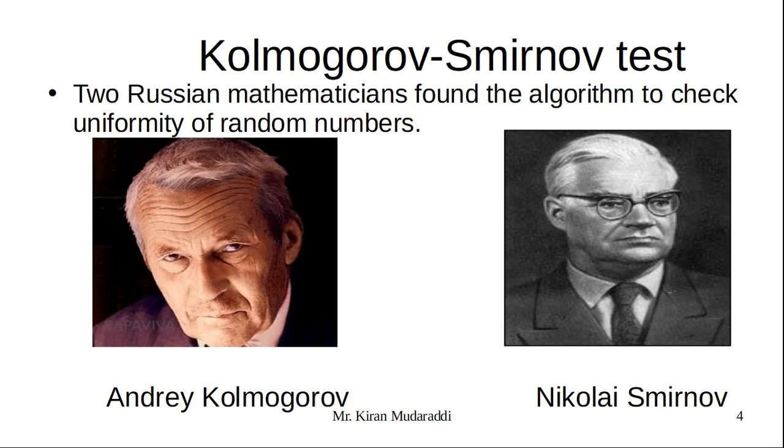If the numbers generated by the mathematical model are not uniformly distributed, we are going to reject it. To test that, two mathematicians, Andrei Kolmogorov and Nikolai Smirnov, found an algorithm. In this lecture, we are going to discuss that algorithm.